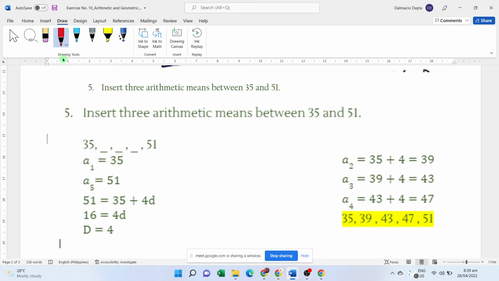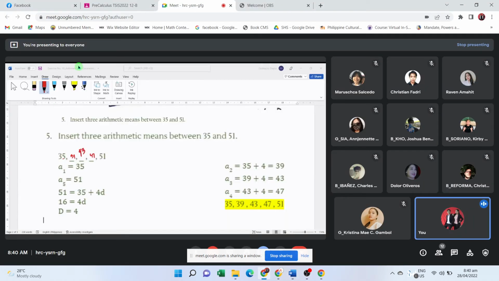That is 86. Just divide it by 2 and that will be the mean. 86 divided by 2, that is 43. 35 and 43, add them, divided by 2, the answer is 39. 43 and 51, add them, divided by 2, the answer is 47. So, although there is a formula to this, hindi na nila ginagamit. Ang bilis lang.